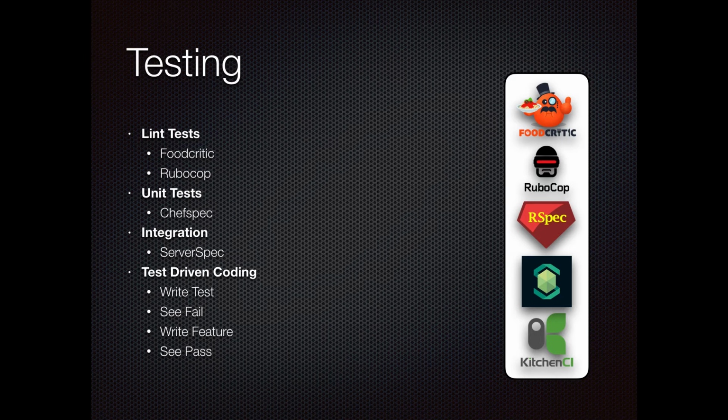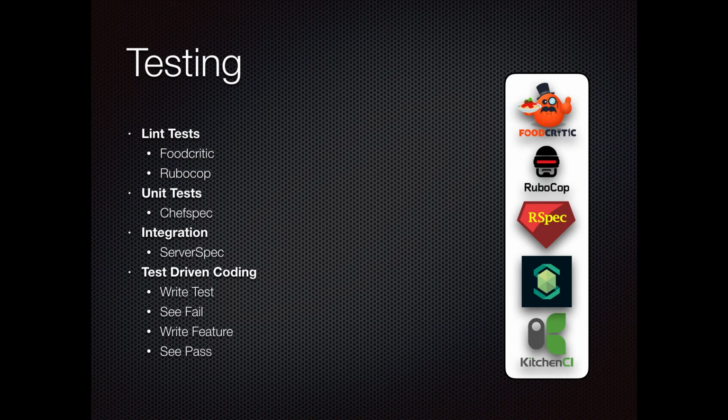It does do a converge on your cookbook in memory, and then you say, hey, if I was in this environment and I got this from, say, a data bag, and I got this information from, say, an environment, would it install Tomcat? Would it restart Tomcat if the properties file that I said if it changes needs to restart Tomcat?